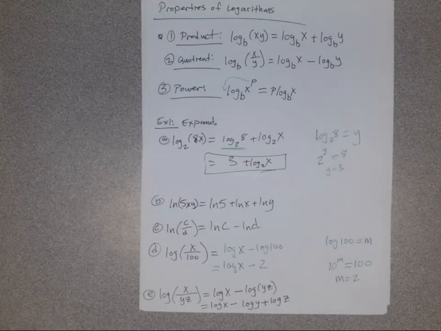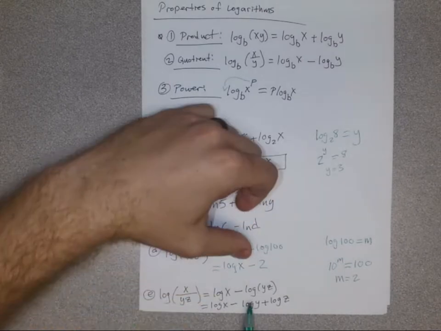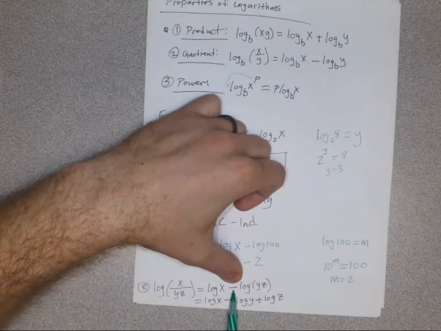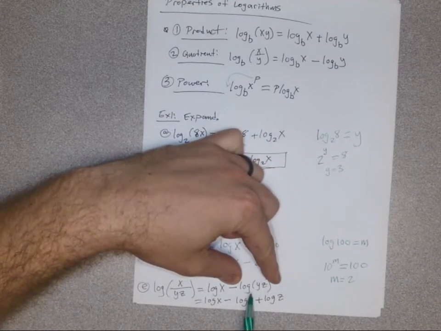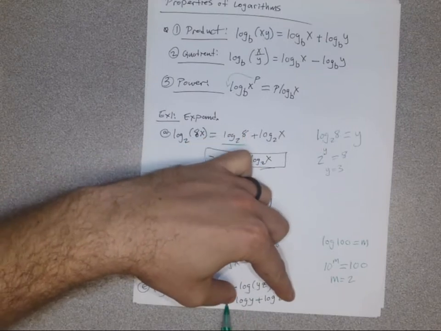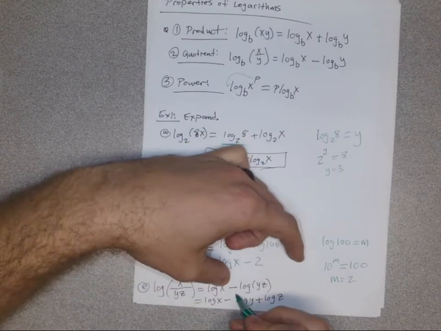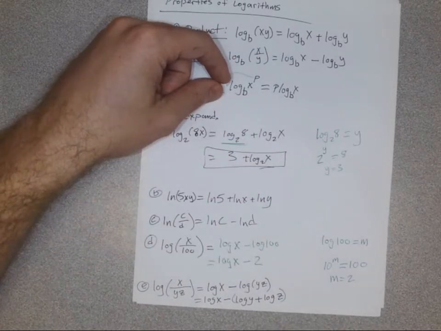All right, so if you wrote this answer and you agree with me, we would get this problem wrong. The reason is because this negative right here, it's minus this whole thing. So if we manipulate this at all, it still has to be minus this whole thing. So we have to have parentheses around that.